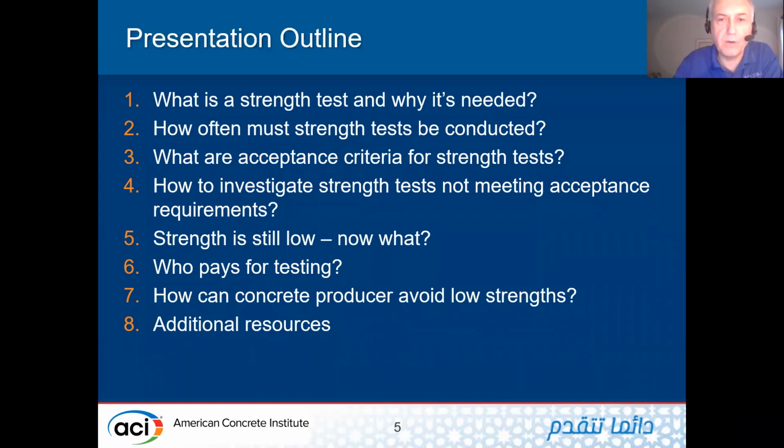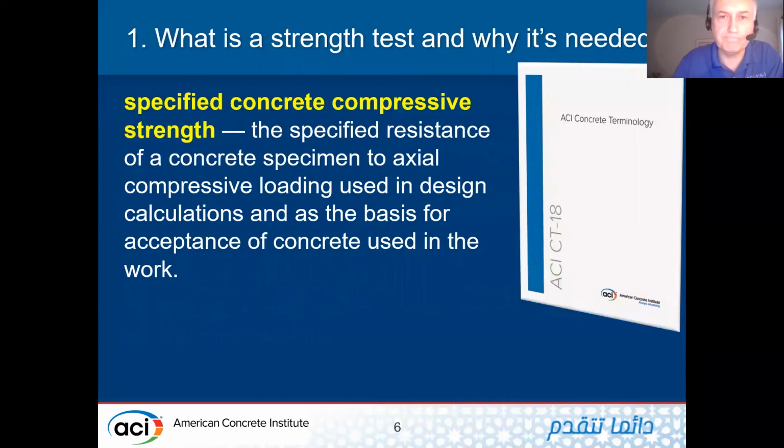So we'll talk about the next steps as instructed by the code, ACI 318 or ACI 301 specifications. We'll also try to answer the question of who pays for testing, even though it's not definite because all specifications vary. We'll finalize by looking at options for the concrete producer, what they can do to make things easier for them. The last slide will be additional resources, and also the resources that I have used to prepare this presentation.